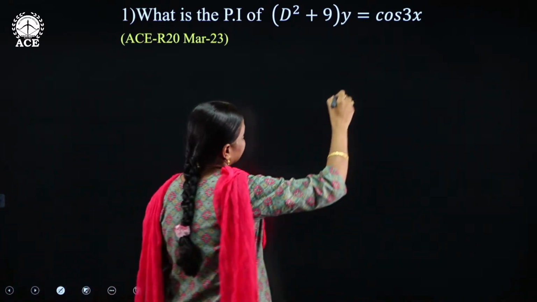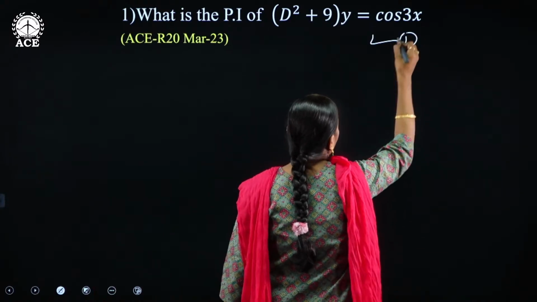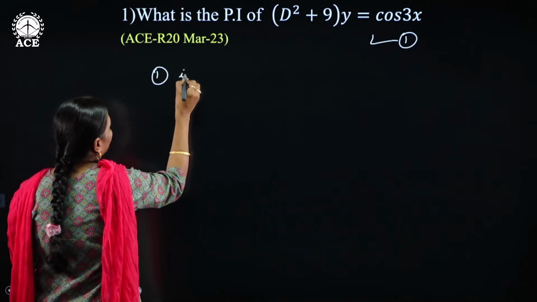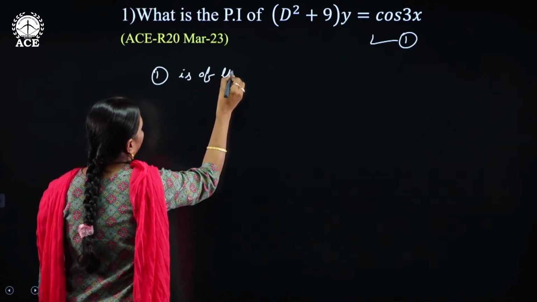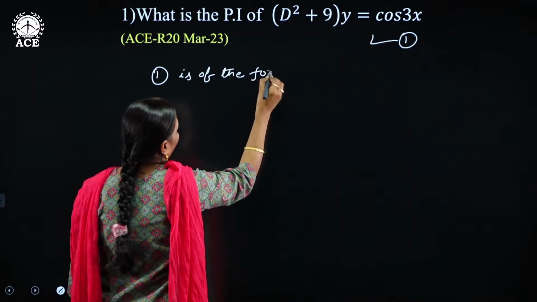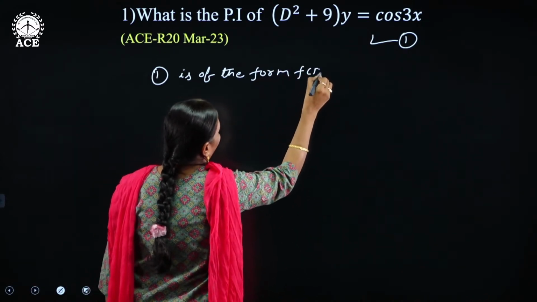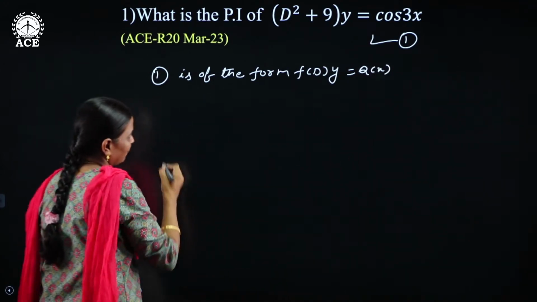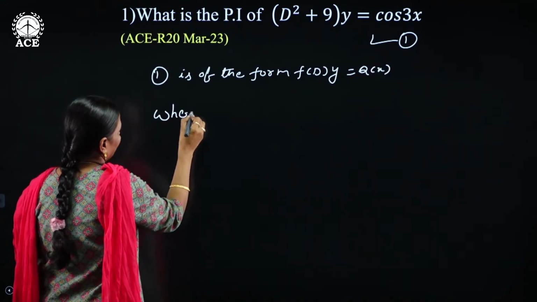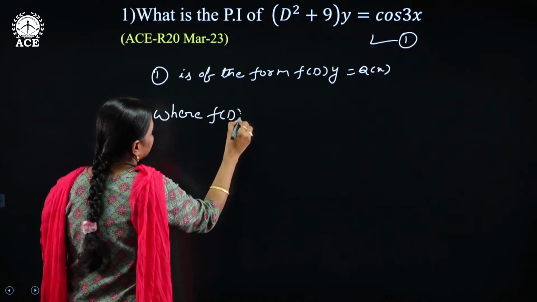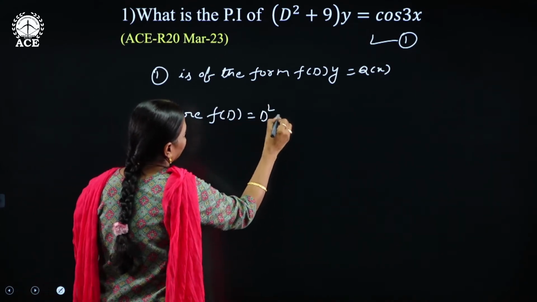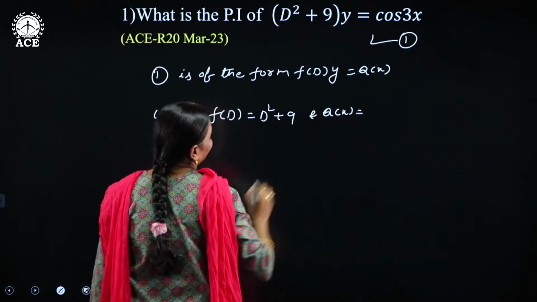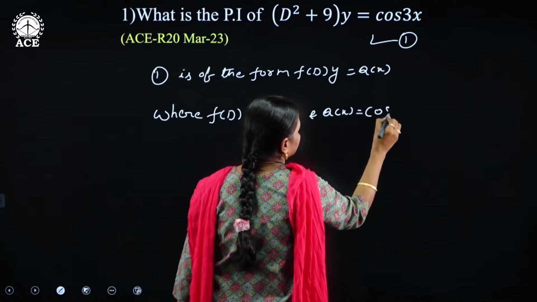Equation 1 is of the form f of d into y is equal to q of x. Here, what is f of d? f of d is equal to d square plus 9, and what is q of x? q of x is equal to cos 3x.